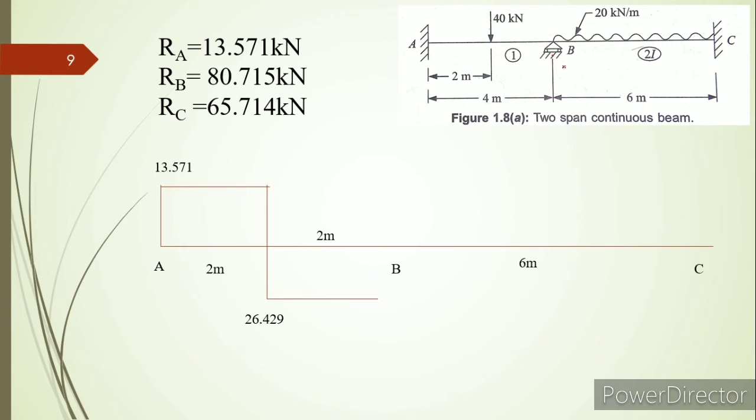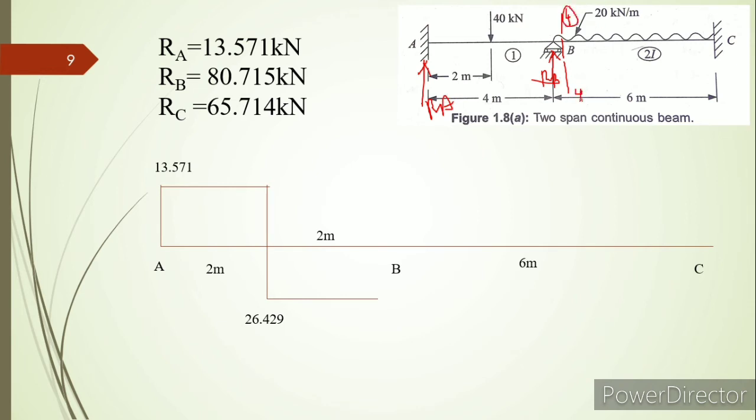Then at support B, just to the right of support B, there is also a support reaction RB. Therefore this is section 4-4.